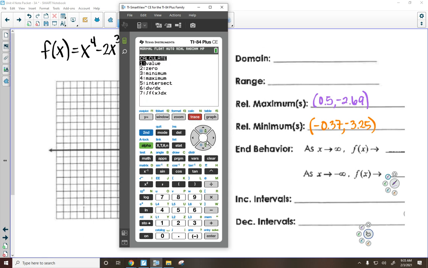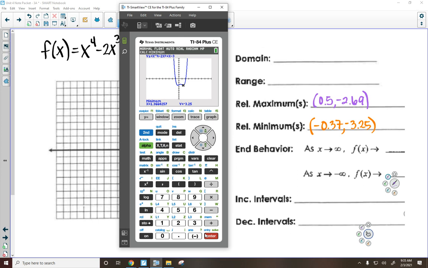Second trace, minimum this time, because that next extreme value is a low point or minimum point. So left bound, hit the left arrow 2 to 3 times, enter. Right arrow 2 to 3 times, enter. Enter for guess.